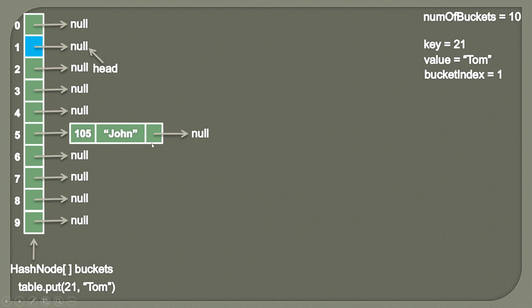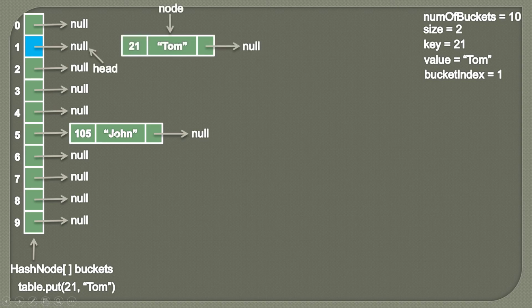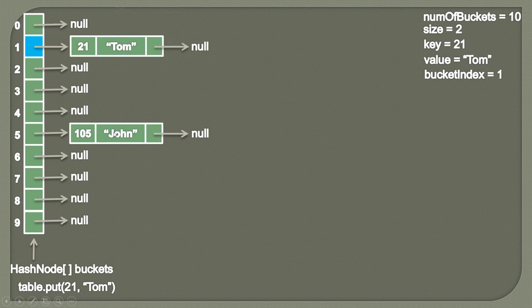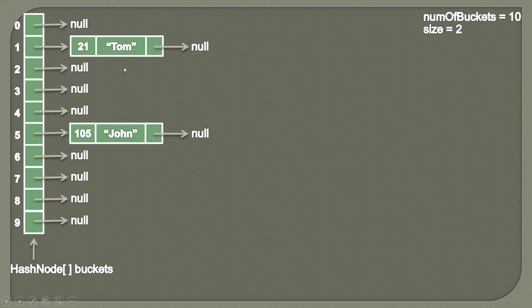We simply increment the size by 1 and then we put the key value pair in the form of a hash node. Now you can see that our hash table has 2 key value pairs, therefore the size is 2.